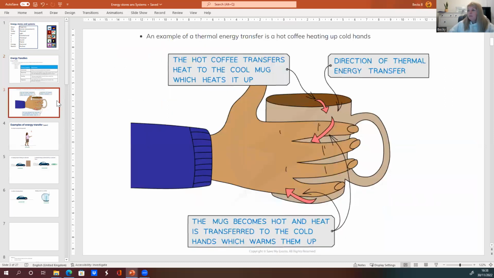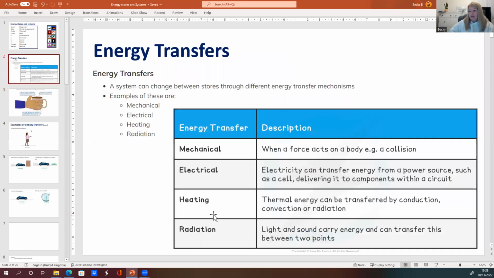So we could think about a coffee mug, doesn't have to be coffee, some form of mug with a hot drink inside. That heat inside the cup will transfer to your hands. So going back to this, you've got a heating, a thermal energy transfer.